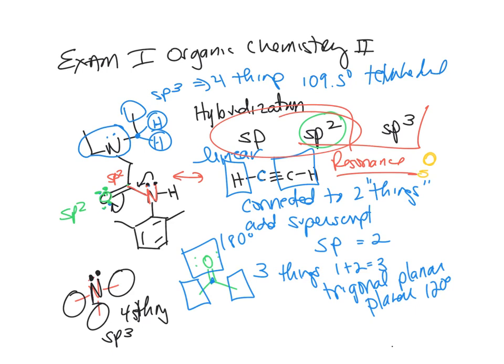If you remember, you have s, and then you have 3 sets of p orbitals. When you're doing hybridization, like if you have an sp2, you've mixed these. There's your sp2, and now you have an unhybridized p orbital, and that is what you need in order for the electrons to move in a resonance.